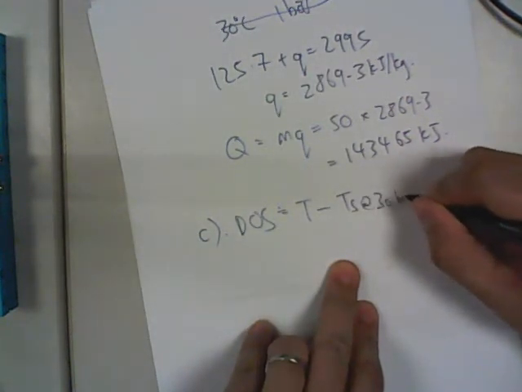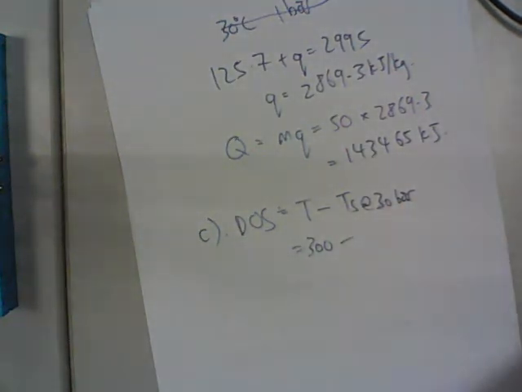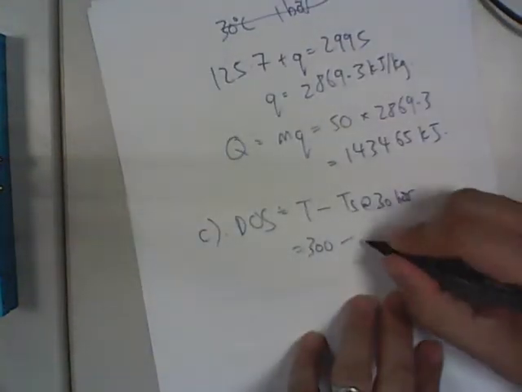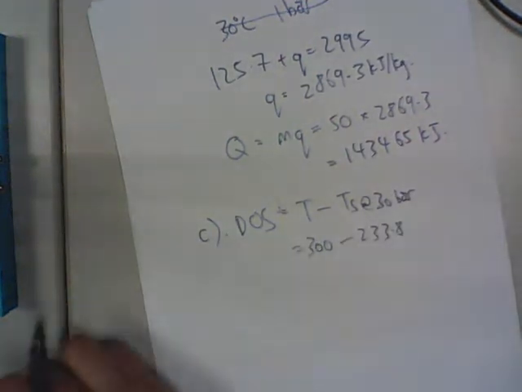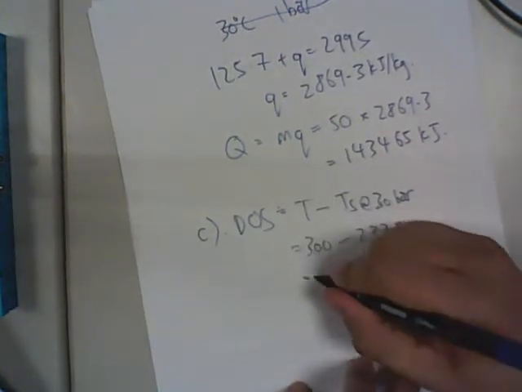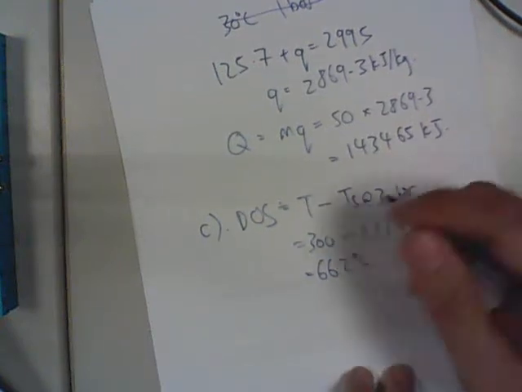So your case is at 30 bar. So it is 300 minus, what is the boiling point at 30 bar? It is 233.8. Okay, 233.8. And your answer, you get 66.2 degrees Celsius.